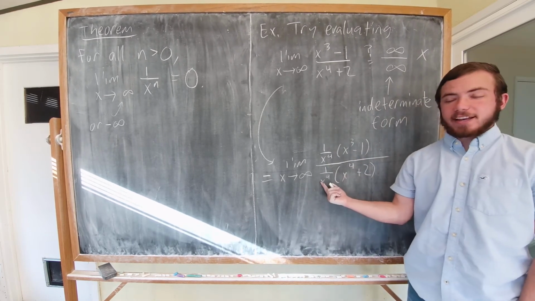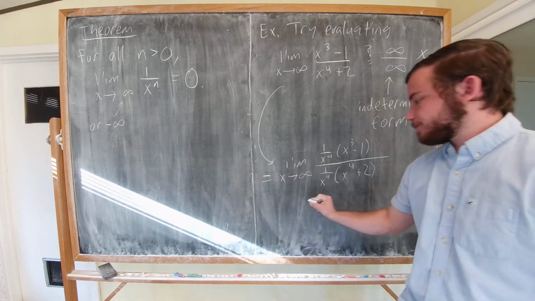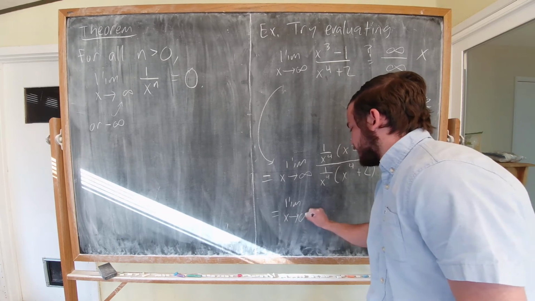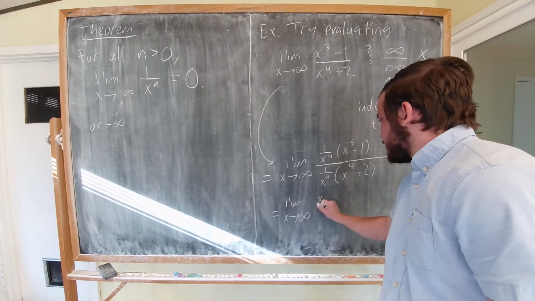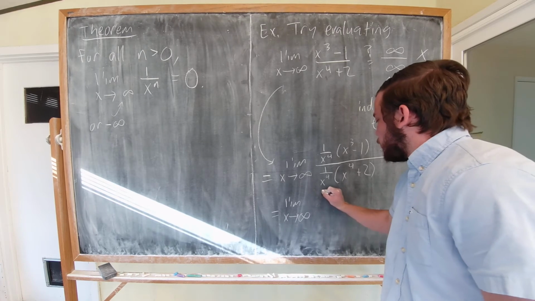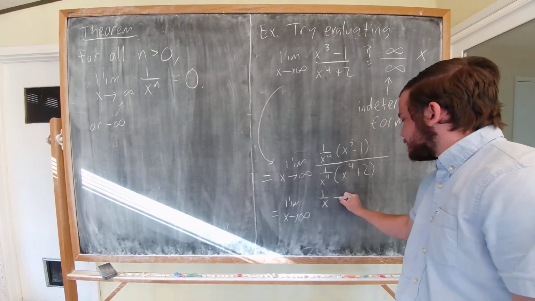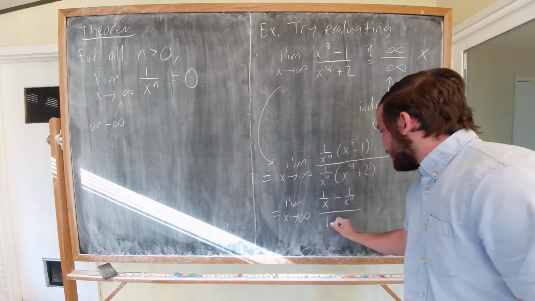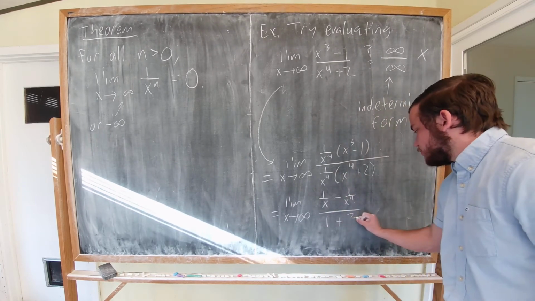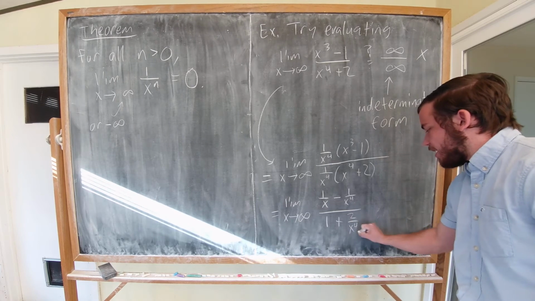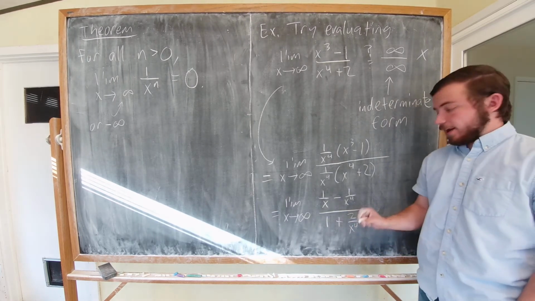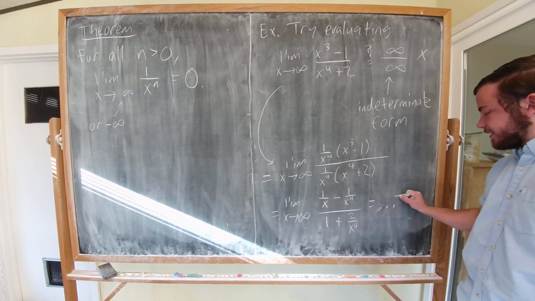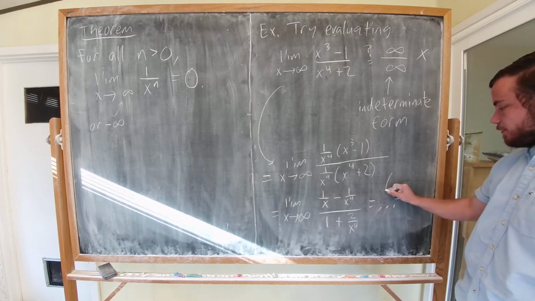Now, we can do this, and let's see why this is useful. Because this gives us the limit as x goes to infinity of 1 over x minus 1 over x to the 4th over 1 plus 2 over x to the 4th. Alright? Go through all of the limit laws. That's actually good practice to do on your own.